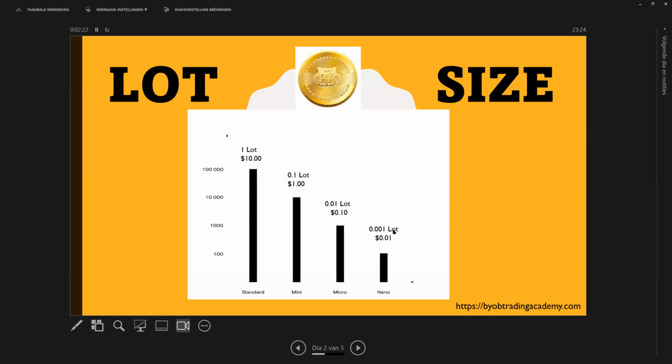Actually, 0.01 is what we tend to use for our micro lot sizes. So let me repeat that again. It's 0.001 for that nano lot size. For a micro, we're looking at 0.01, one less zero.